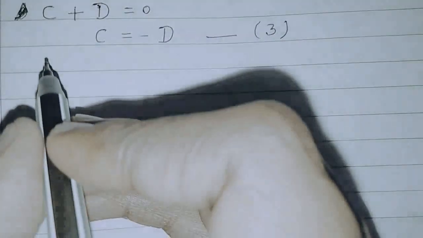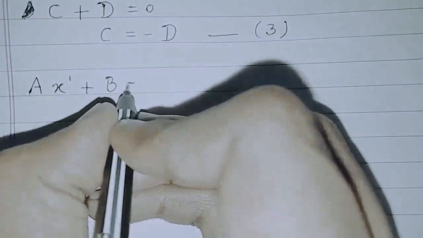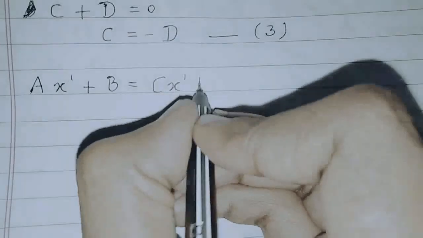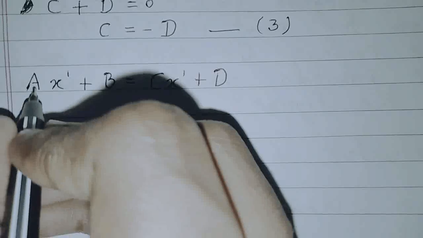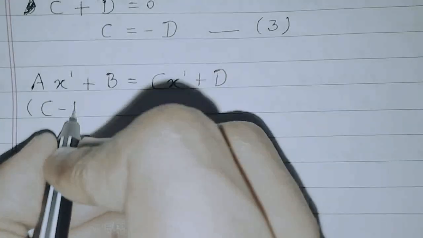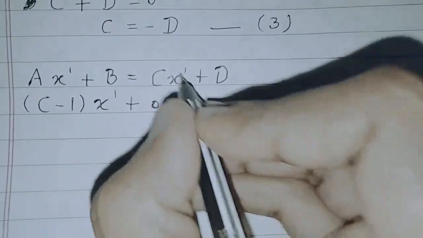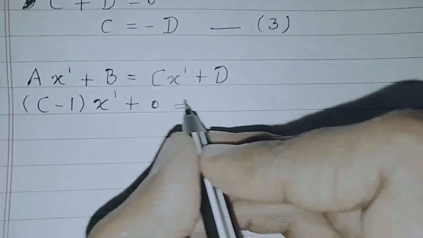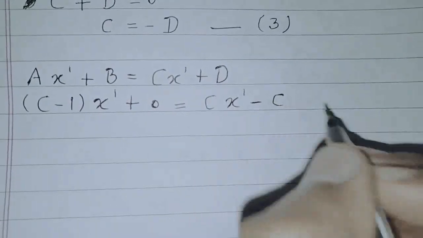Now we use relation number 2, relation number 3, and the value of b, which equals 0, into relation number 1, and relation number 1 was a x dash plus b equals c x dash plus d. So from relation number 2 we know that a equals c minus 1, b is obtained to be 0 already, and c we just put as it is, and d is minus c.